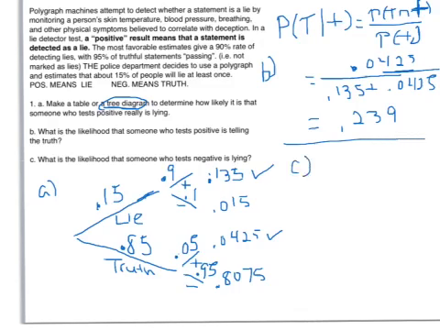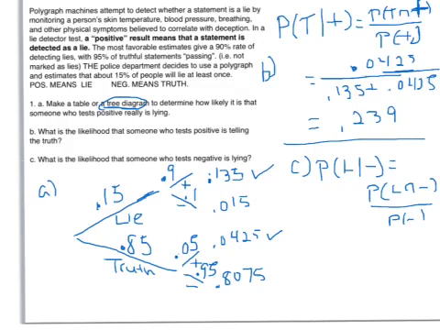It's not really good. That's about a quarter. So let's see what happens for C. What is the likelihood that someone who tests negative is lying? Okay, so just for our little symbolism, they test negative and they're lying. The negative means that it says they're telling the truth. And so our probability is lying intersected with negative over the probability of negative.